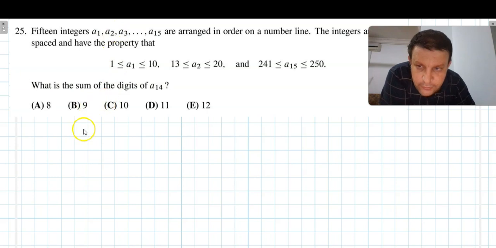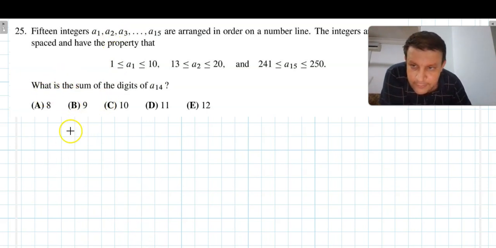If K is 17, let's write everything again. We know A1 is between 1 and 10.